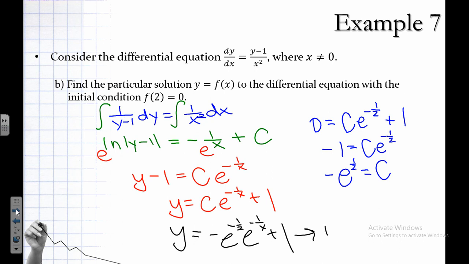You would write y equals negative e to the negative 1/2 minus 1 over x plus 1. Oh, I'm sorry, that is a positive 1/2.